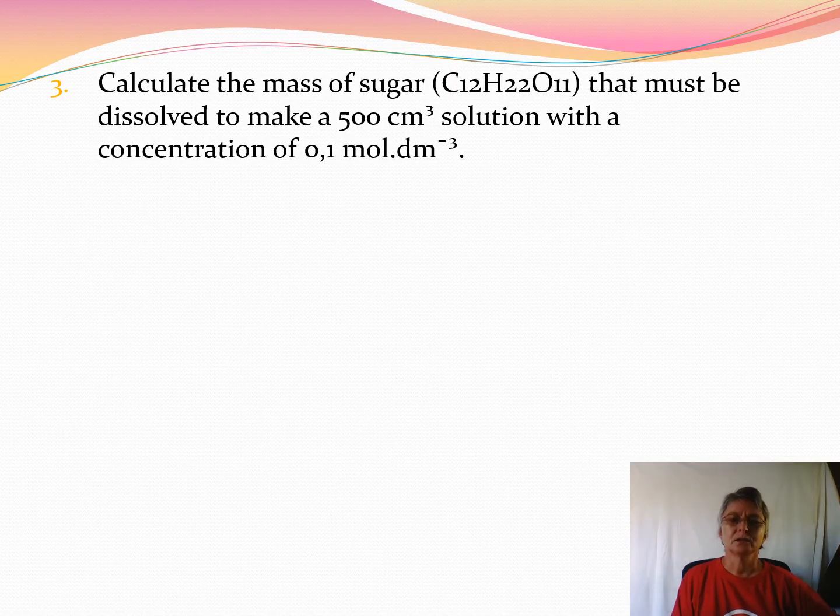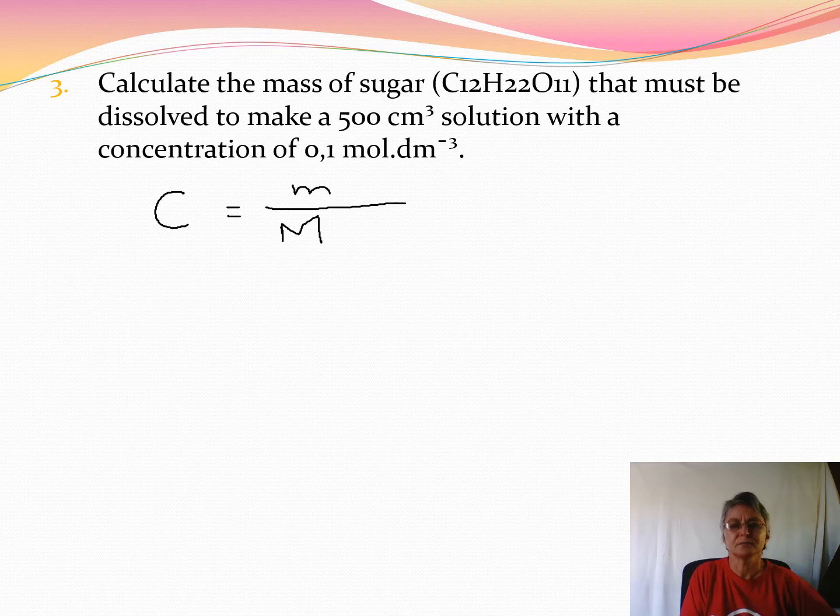Next is calculate the mass of sugar that must be dissolved to make a 500 cubic centimeter solution of concentration 0.1. So I'm going to use this equation because it would give me mass. The concentration is 0.1. The mass is what I don't know. The molar mass of sugar I need to calculate.